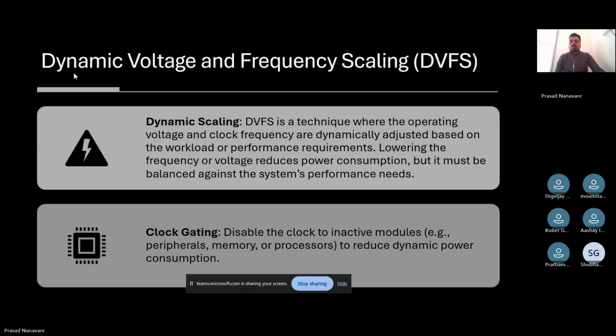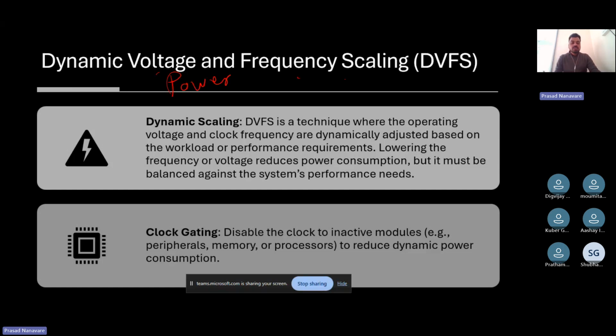So dynamic voltage and frequency scaling is also a best practice when it comes to power management. The term itself is self explanatory.